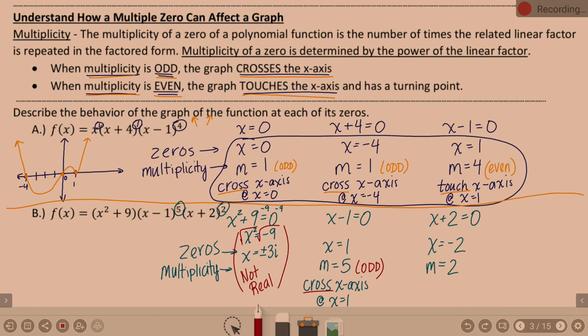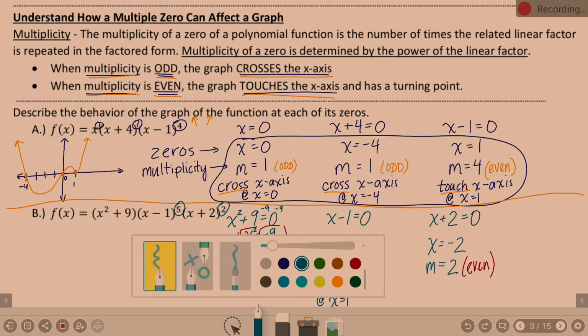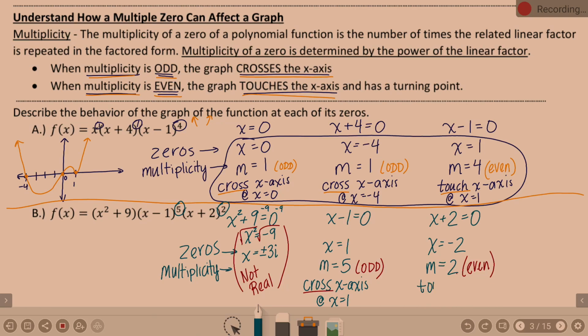What's the multiplicity on x equals negative 2? It's 2. What do we know about the multiplicity of 2? Even. A multiplicity of 2 is even, which means my graph is going to just touch the x-axis at the zero, x equals negative 2.